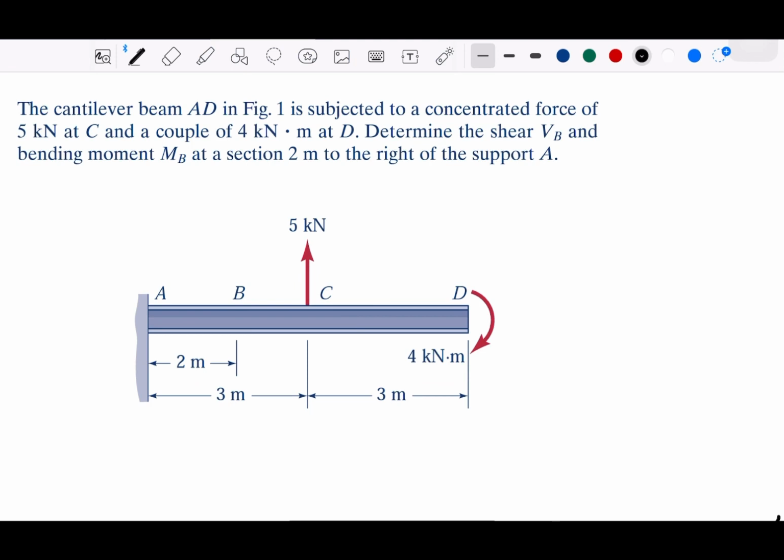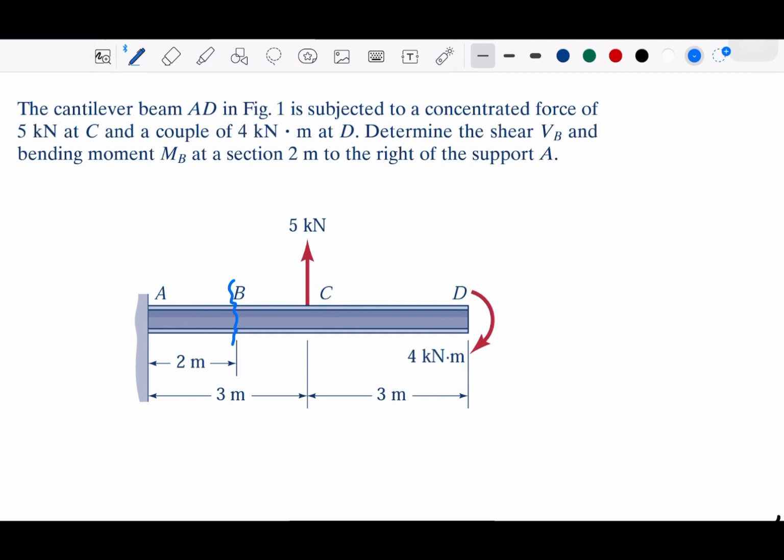So first we take the free body diagram. Let's say we cut at B. We are going to slice this point, and since we have more information on the right side, let's just focus on the free body diagram on this side.